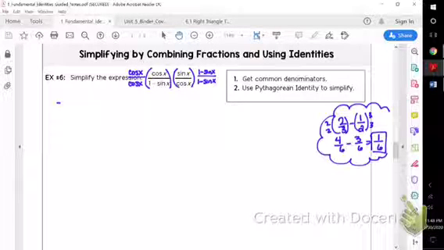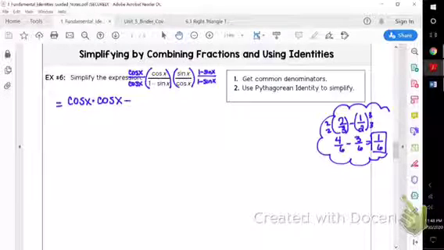So when I do this first part here, I get cosine times cosine, which is cosine squared x. I'm going to back up for a minute here. I'm actually just going to write this out. So in the numerator, we have cosine of x times cosine of x.